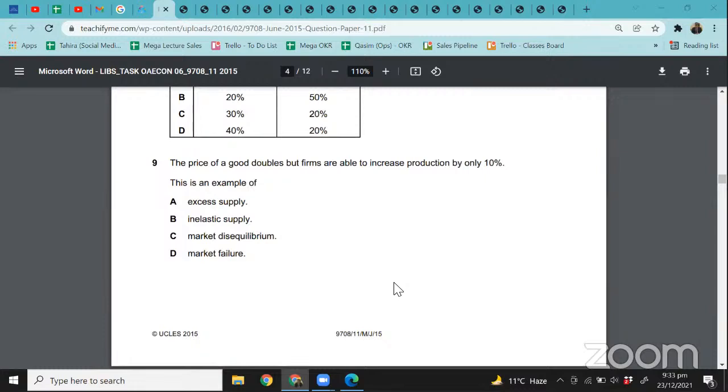Okay, the price of a good doubles, but firms are able to increase production by only 10%. What is this an example of? Have you taken the screenshot? Okay. Now, the next question says, the price of a good doubles, but the firms are able to increase production by only 10%.